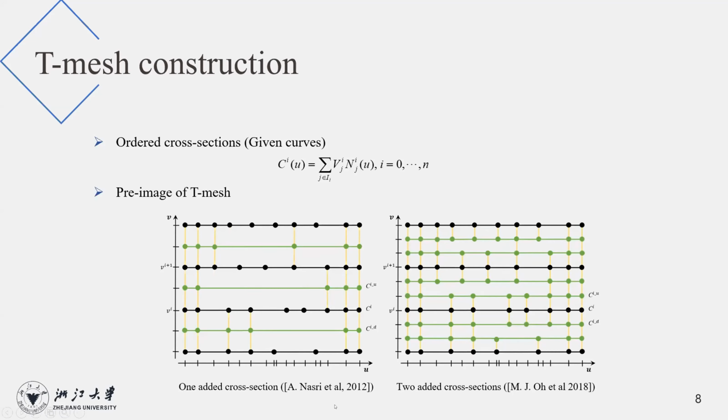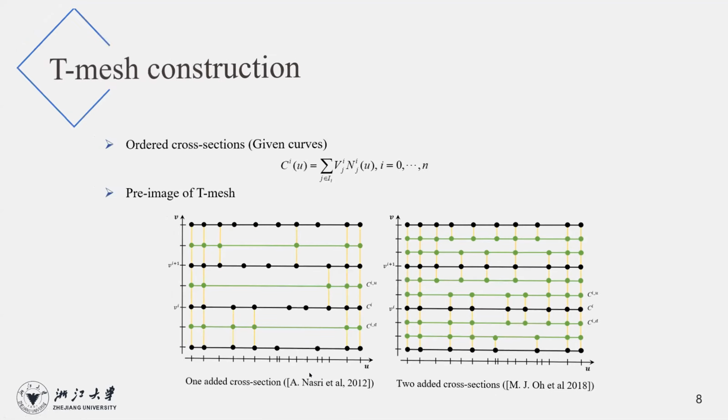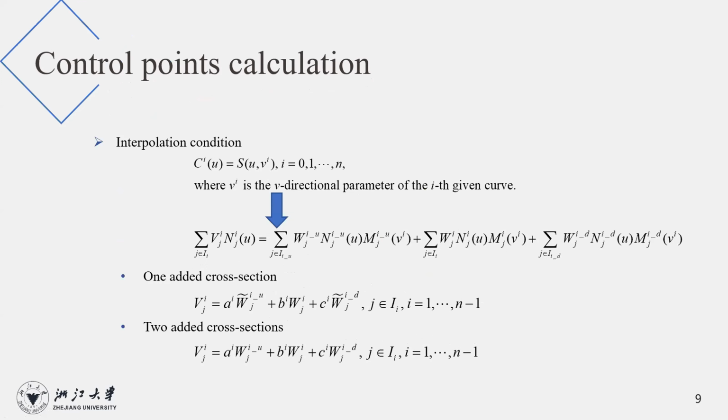As shown in the pre-image of T-mesh, the black lines are the given curves and the green lines are the added cross-sections. And the nodes of the added cross-sections can be set by the adjacent curves.